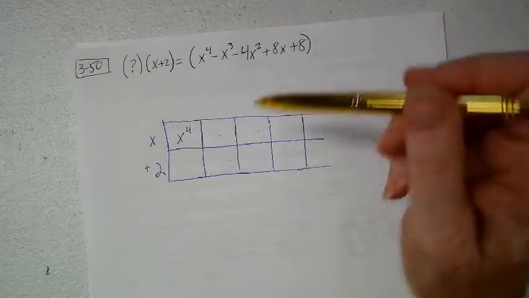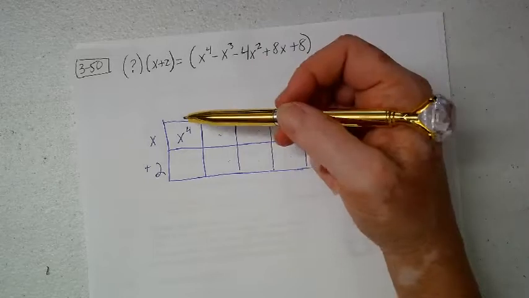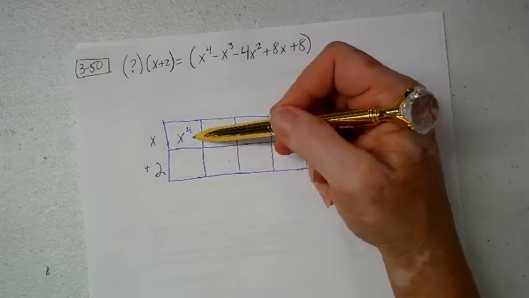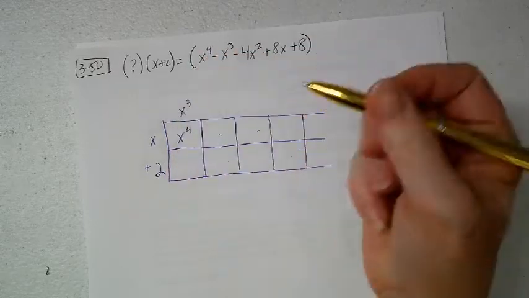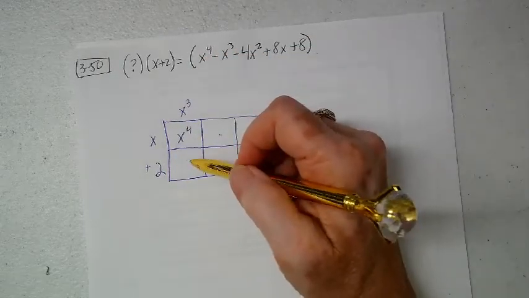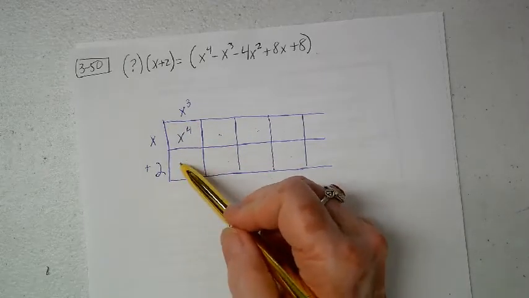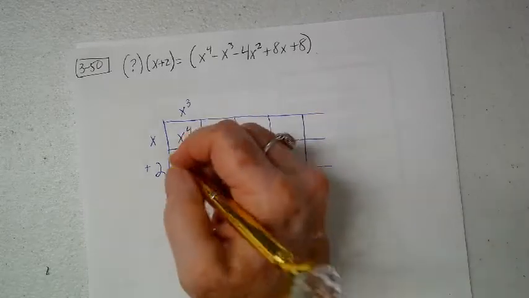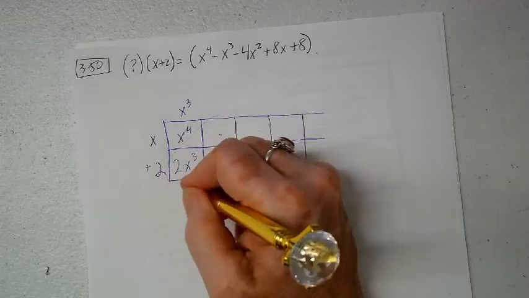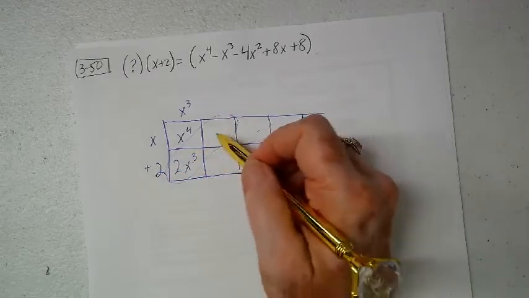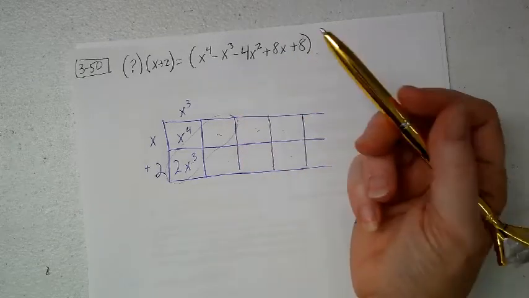Whatever this number up here is, it has to multiply with x to get what's inside here. So this has to be x cubed. And whatever goes in this box is going to be x cubed times 2, so it has to be 2x cubed. I also know that in these two diagonals are my x cubed terms.